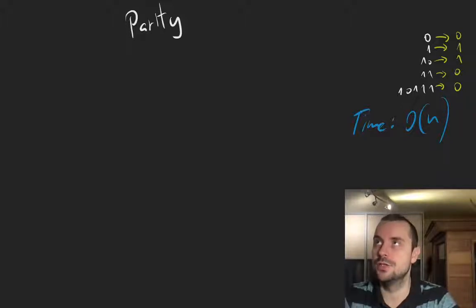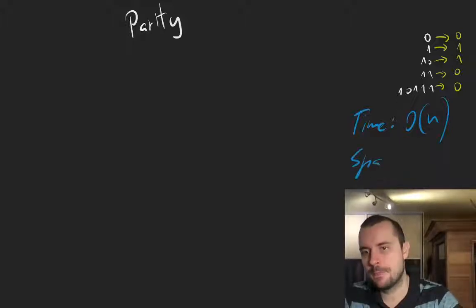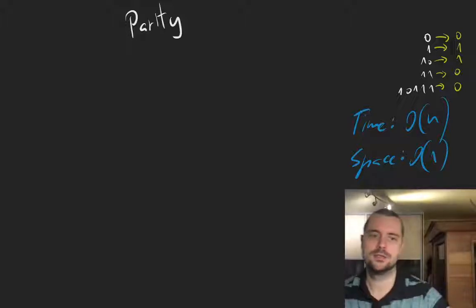We could just use a trick to remove just the least significant set bit once, right, and toggle them. And for space, we just have one variable that holds the 0 or 1, so the space is constant. Cool.